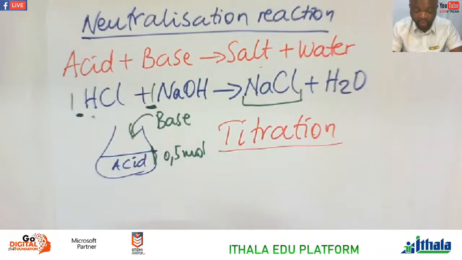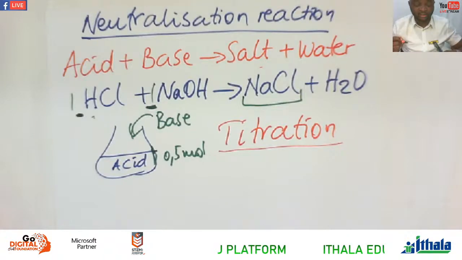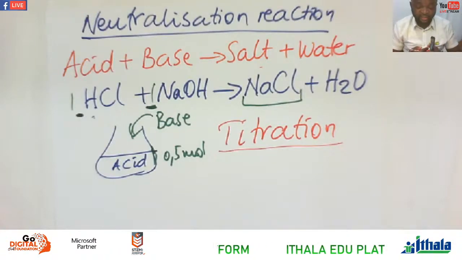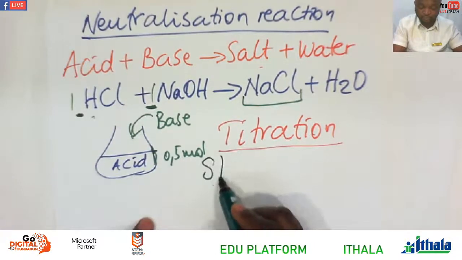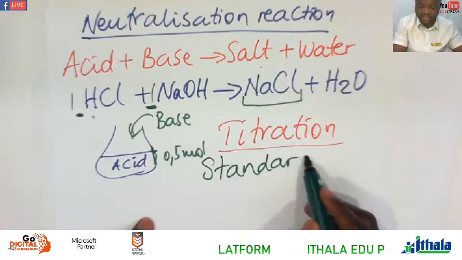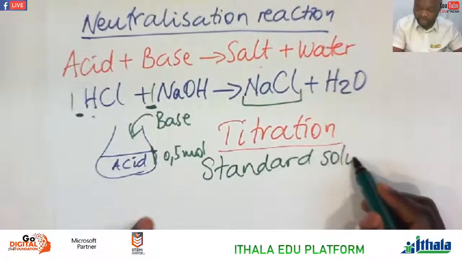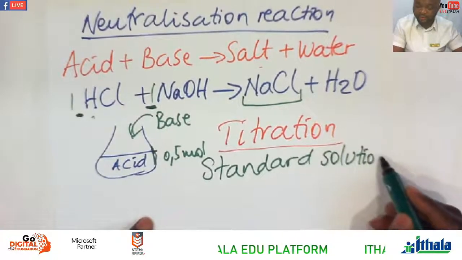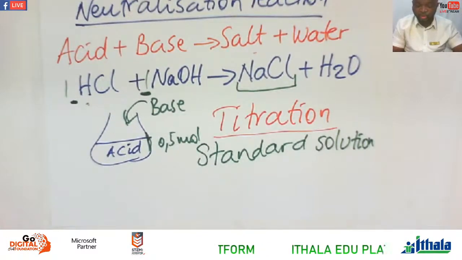So if we have a solution with a known concentration, we call that solution a standard solution. So we must use a standard solution, right? A standard solution is a solution of precisely known concentration. So if you know the concentration of a solution, then that solution is called a standard solution.